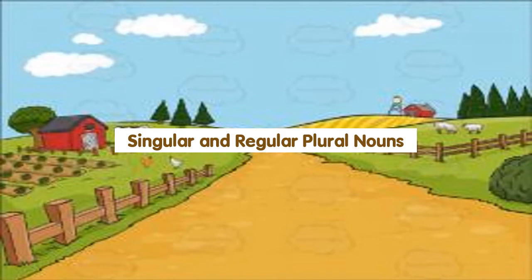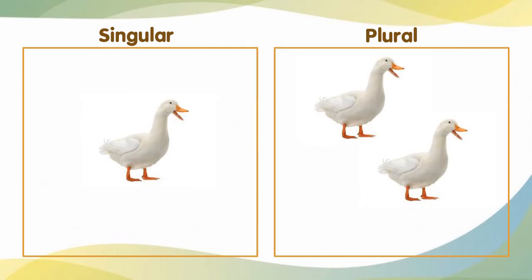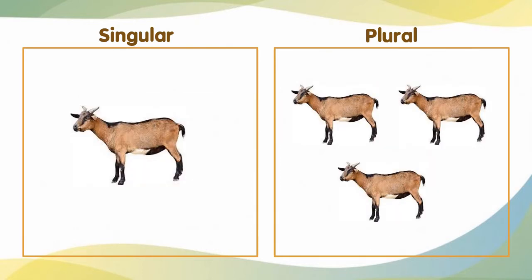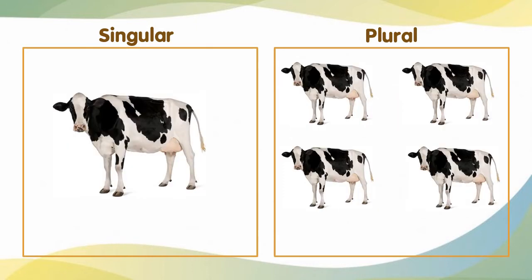Let's look at the singular and regular plural nouns. Duck, ducks. Goat, goats. Cow, cows.